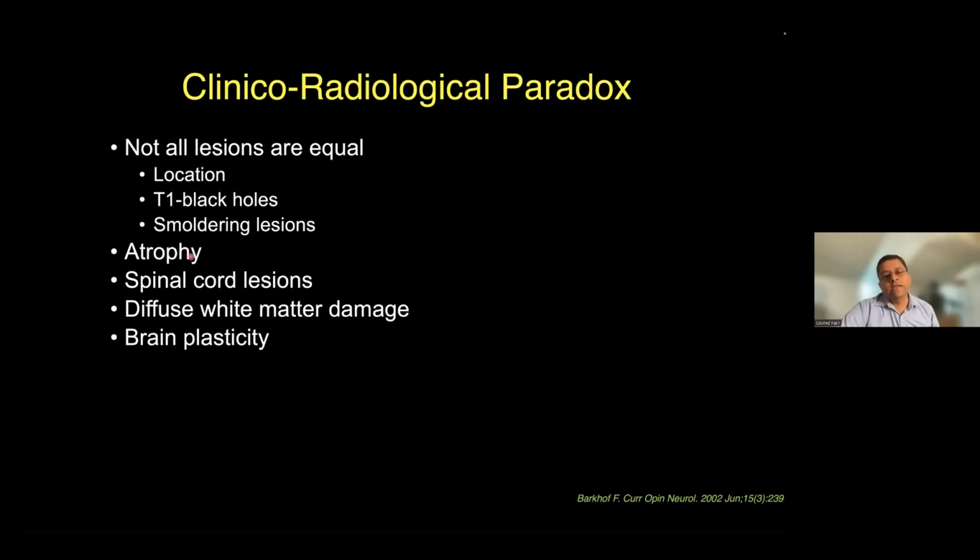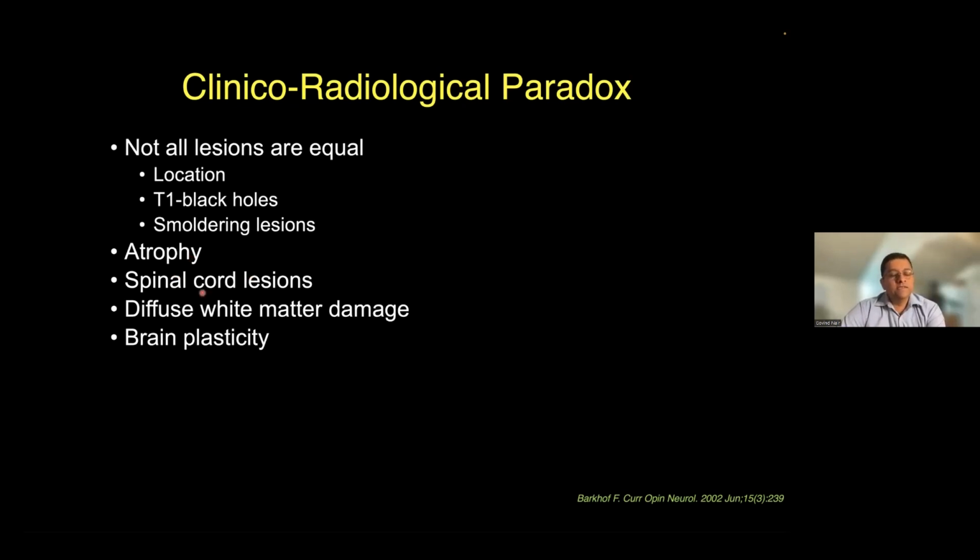There are also distal effects, right? If there is demyelination at one site causing axonal transection, that particular cell body, which is located distally, could be dying, and that would cause connections to change. So there is a distal effect, the atrophy that is caused by the lesions, that could also be playing into this clinico-radiological paradox. Then there is, of course, the spinal cord.